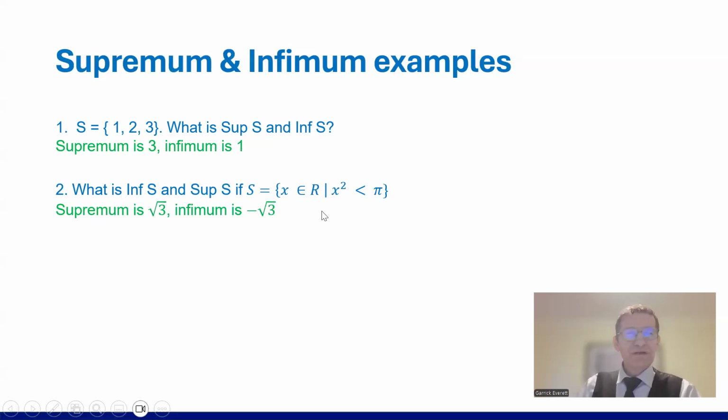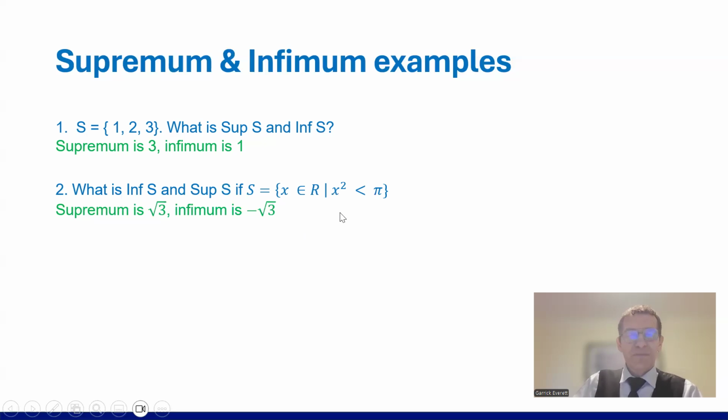You notice here we can't actually just give a decimal. I can't say, okay, I'm going to make x the square root of 3.1414, which is obviously a number less than pi, and say that's the supremum, because it's not going to be true.